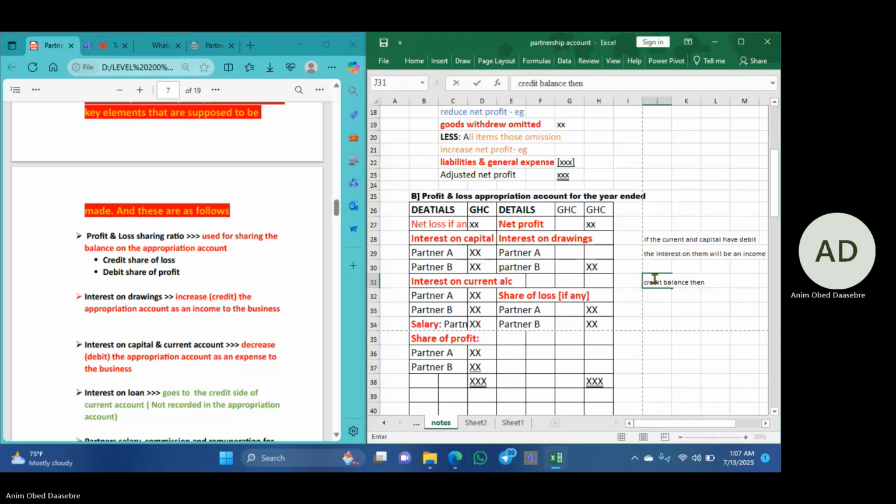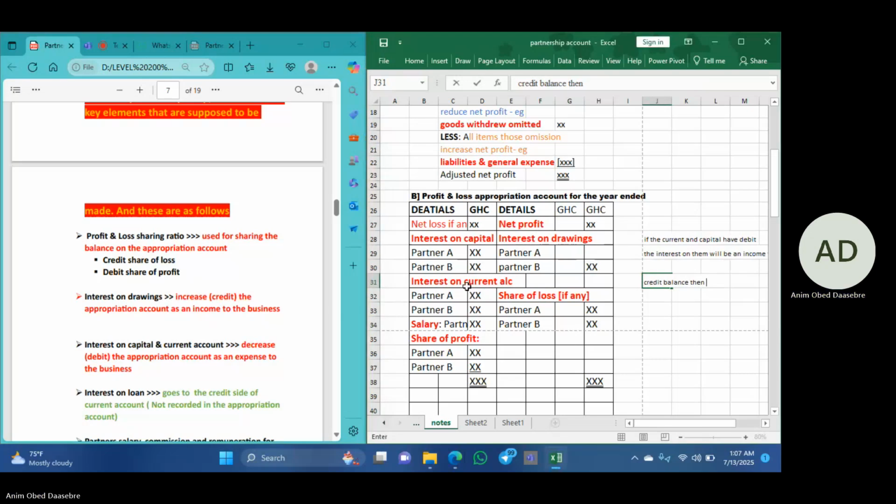So the interest on capital accounts and interest on current accounts will be debited if and only if the balances of the two accounts, the capital accounts and current accounts, have a credit balance.